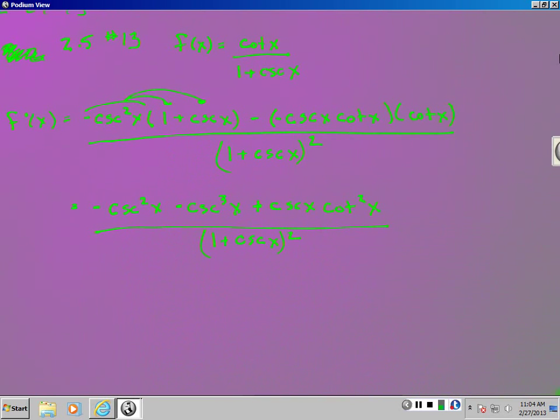Now I need to simplify some things. This doesn't look like the answer in the back of the book, but we can simplify it.